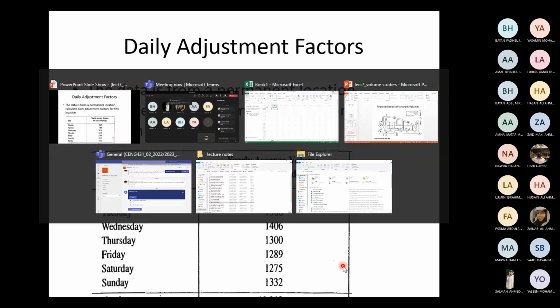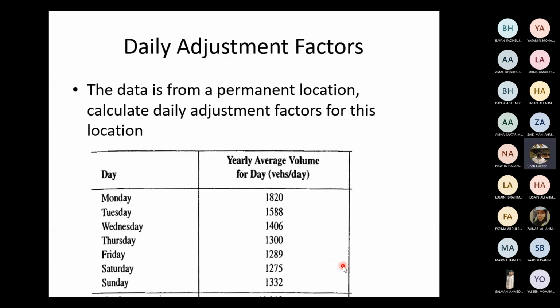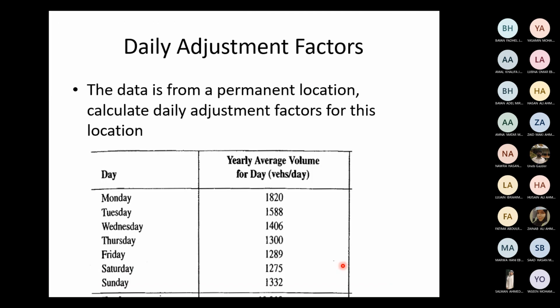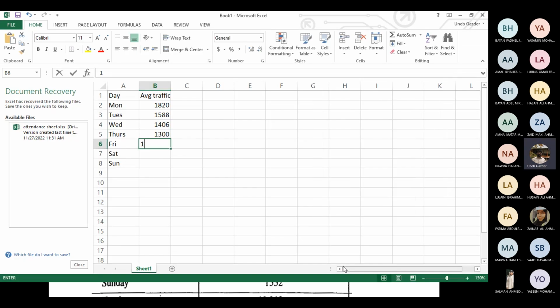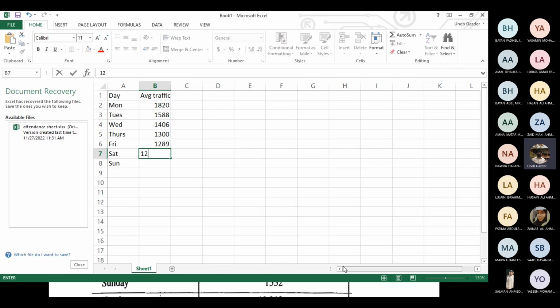So Monday, Tuesday, Wednesday, Thursday, Friday, Saturday, Sunday. 20, 6, 1800, 89, 575, 1275, 13.